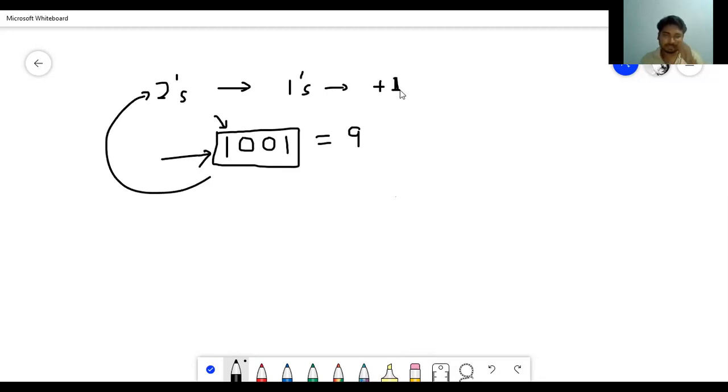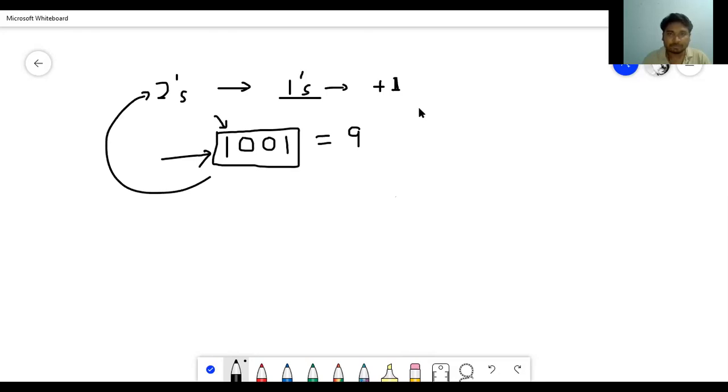In some cases a carry will generate and come back toward the LSB side, but the sure thing is that we have to add 1 at the LSB side of the 1's complement number. The 1's complement means we flip each bit to its opposite.